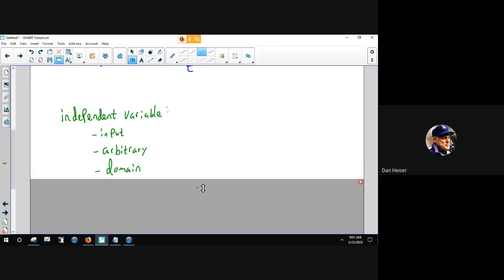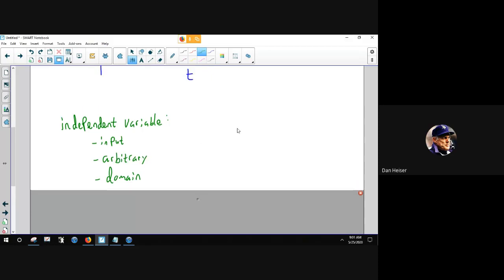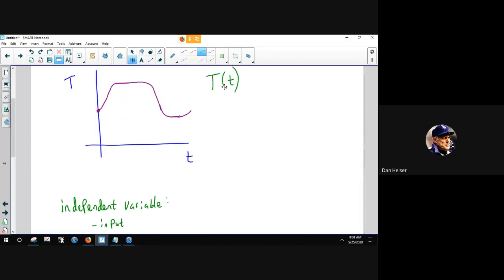And it's our domain. Independent variable is whatever our domain is. We are choosing something from our domain, and that's going to affect what our range is. Independent variable, it's the number we plug in, it's an input. And we can choose anything from that domain. And again, notice how I would write that function. Here's our independent variable right here.